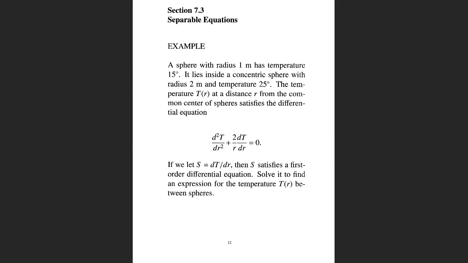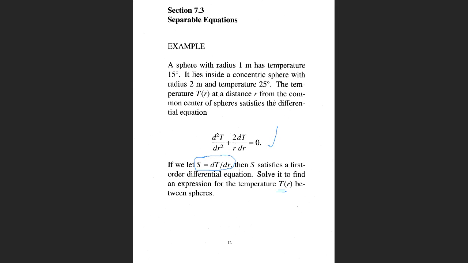And so the substitution that you're going to make is you're going to let S be the derivative of T with respect to R. Okay, and you'll be able to convert then this second order differential equation into a first order differential equation and eventually solve for your temperature function as a function of radius.